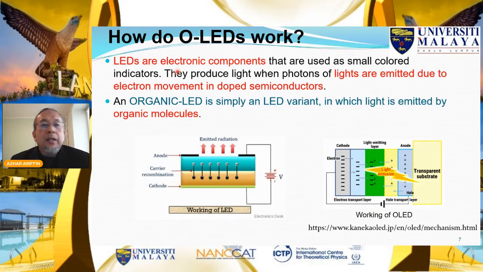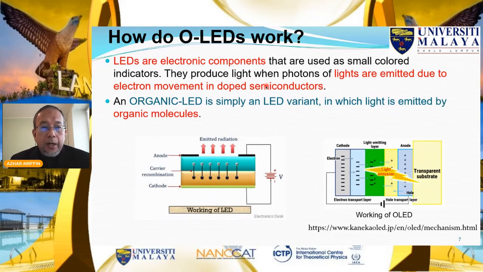LEDs are electronic components that are used as small color indicators. The LED produces light when photons of light are emitted due to the electron movement in the doped semiconductor. This is how we get light from the LED device.